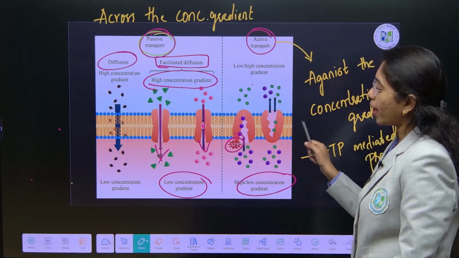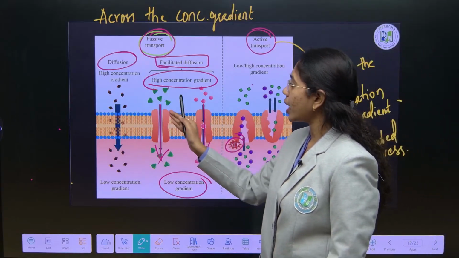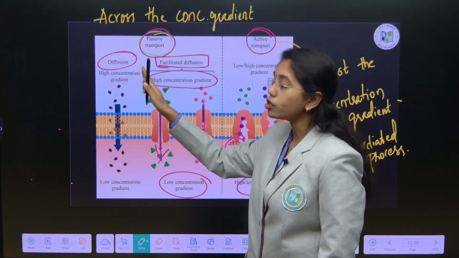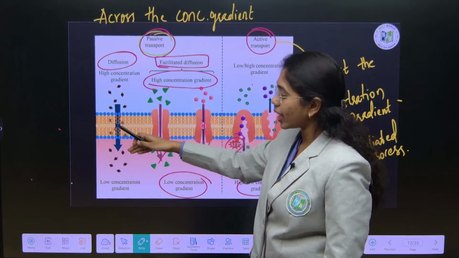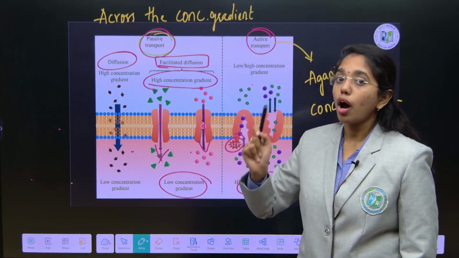Active transport is an energy requiring process, whereas facilitated diffusion and diffusion do not require any energy. Diffusion is for gaseous molecules, which diffuse directly, whereas facilitated diffusion is for some polar molecules like water.